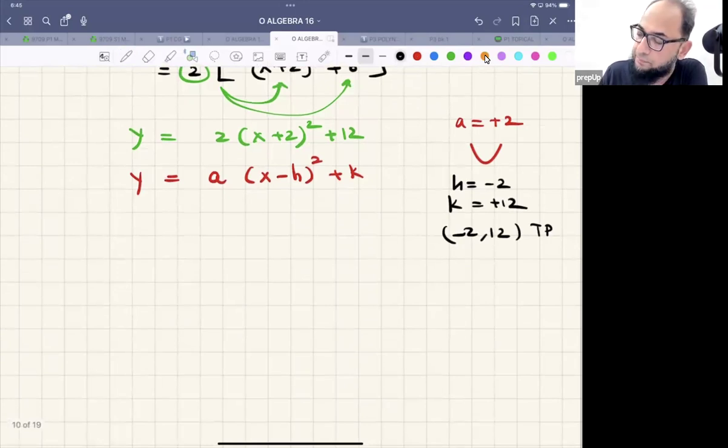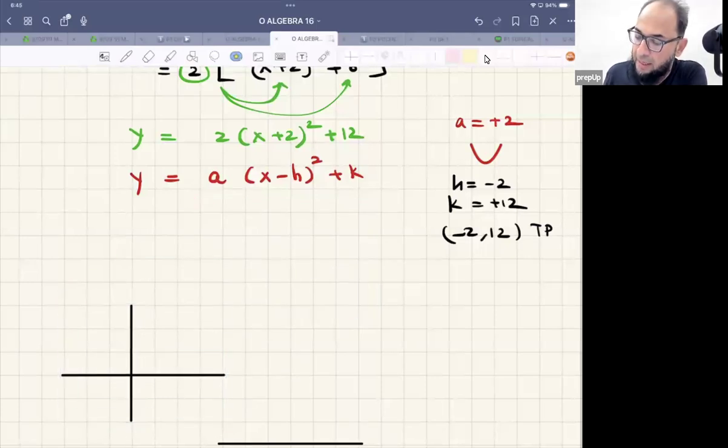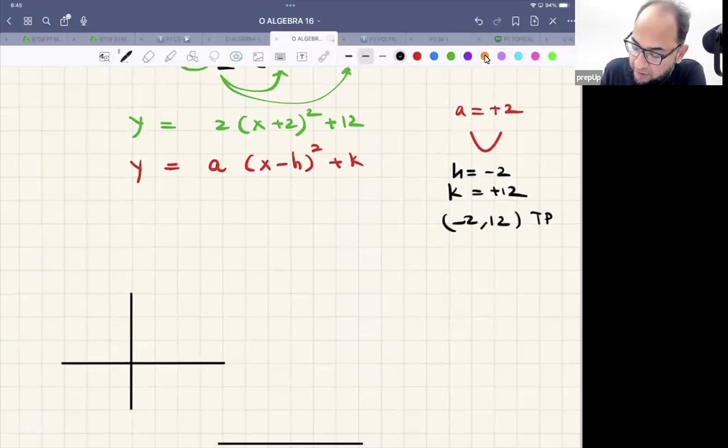And over here, let me just draw the grid and let me mark the point negative 2 comma 12. So this is negative 2, this is 12 over here. That's the point. And now this is going like this.